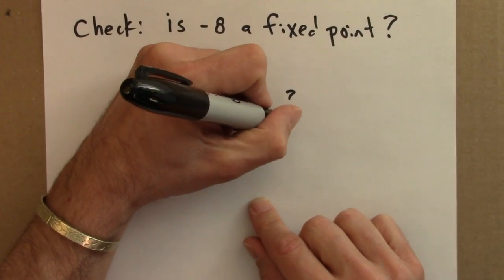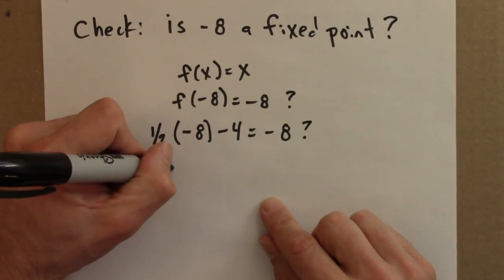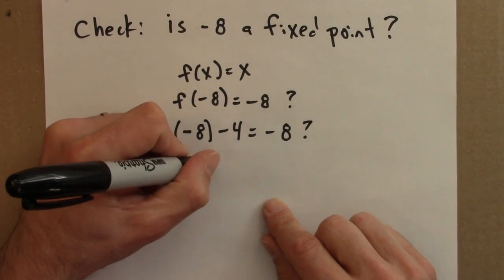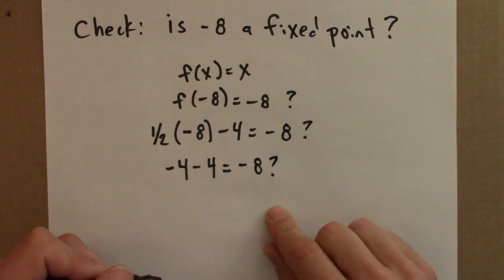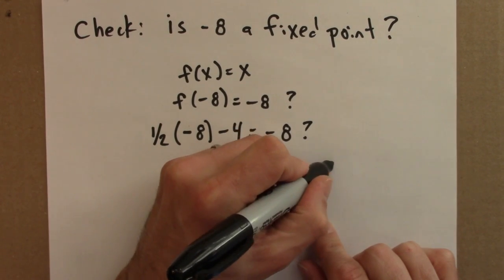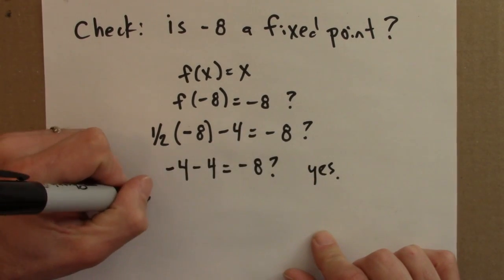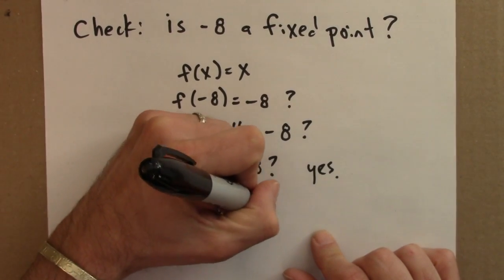I want to know, does that equal minus 8? 1/2 of minus 8 is minus 4. Minus 4 minus 4, does that equal minus 8? Yes. Thus, minus 8 is fixed.